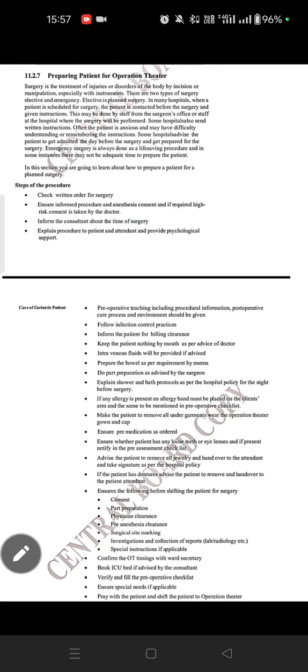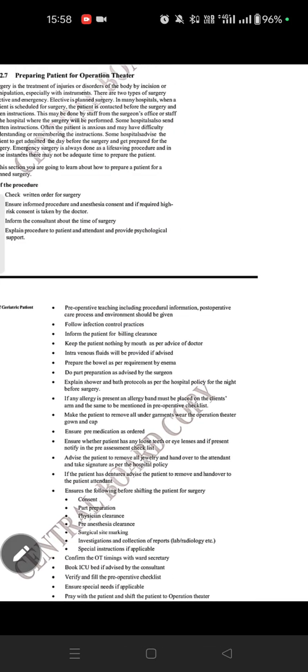Then preparing the patient for the operation theater. What things should we always prepare for the operation? First check the order for surgery, then take consent from the family members, then confirm the surgery site, provide psychological support, and inform about the post-operative process.